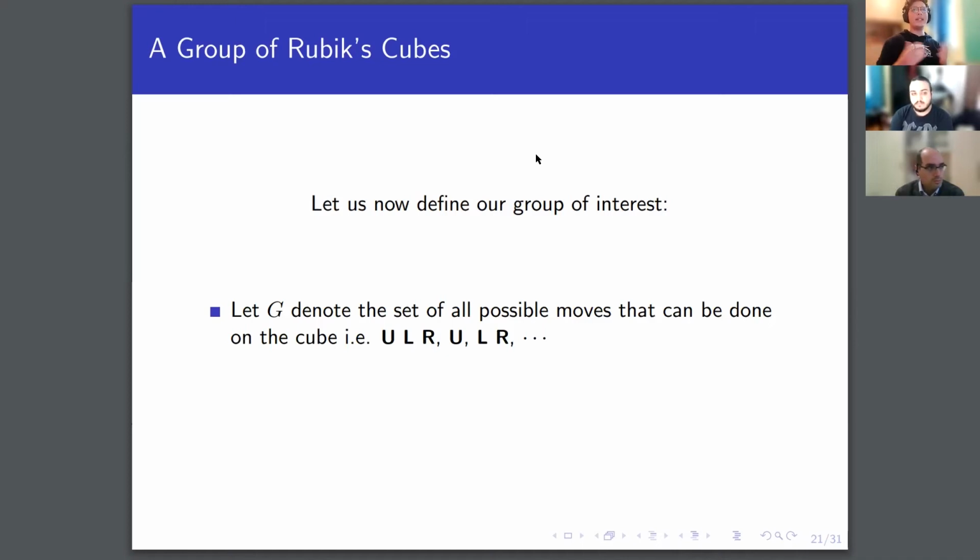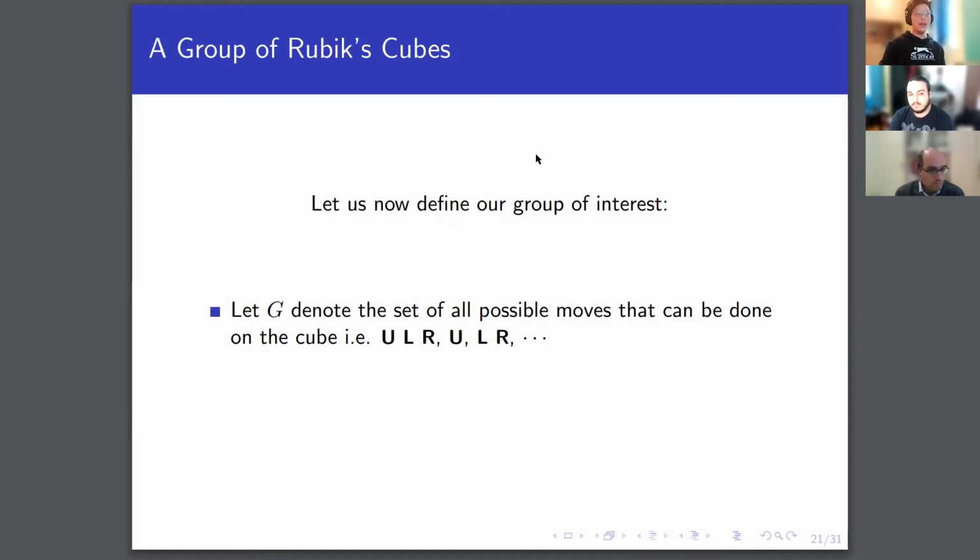So our set is not a set of Rubik's Cubes. We recall that a set is just a collection of items, objects, and these objects can be any abstract concept that we may choose. Over here, I have 3 examples: ULR, U, and LR.